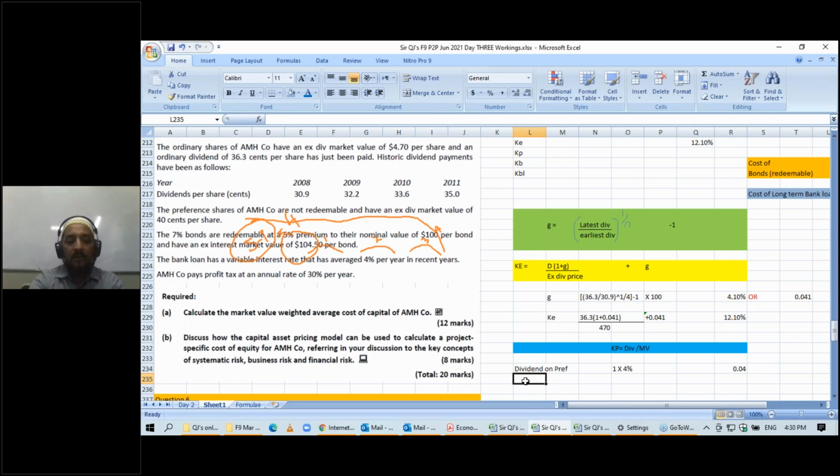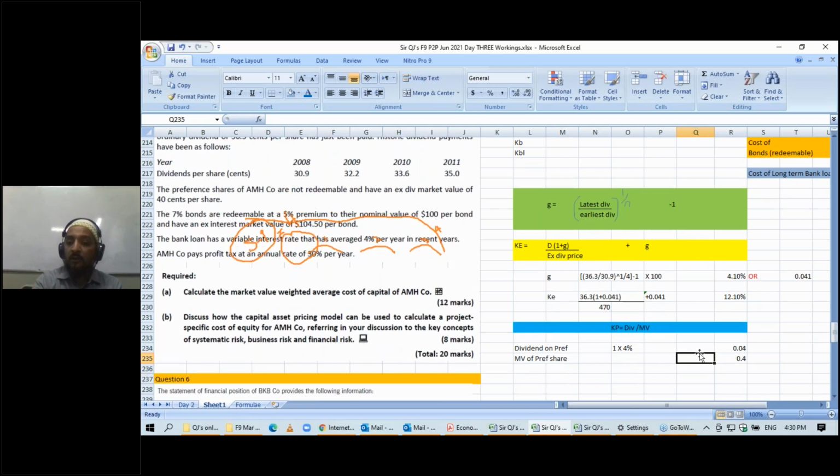Now the market value of preference shares, as we calculated above, was in total, but one preference share's market value is $0.4 or 40 cents. The 40 cents means $0.4. So I've taken the dividend also in dollars.